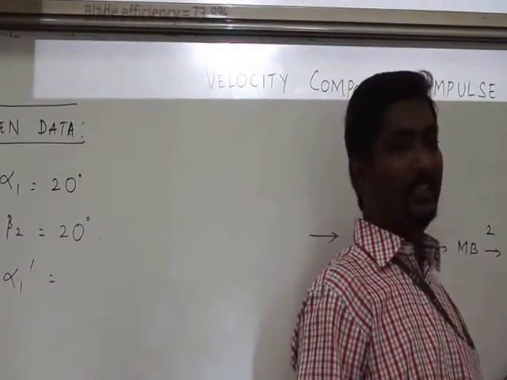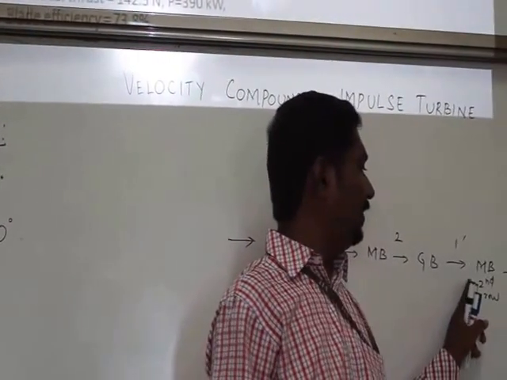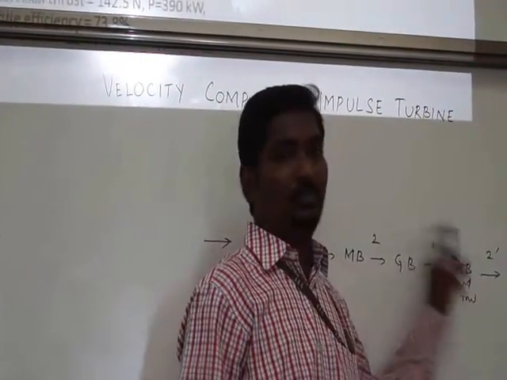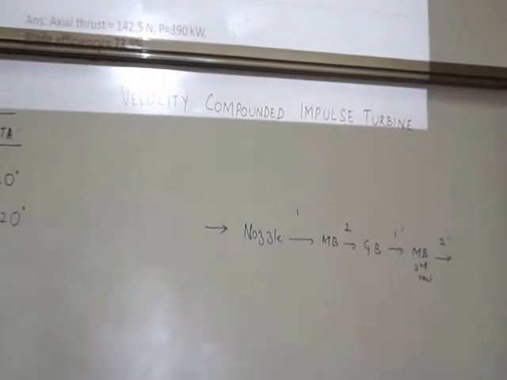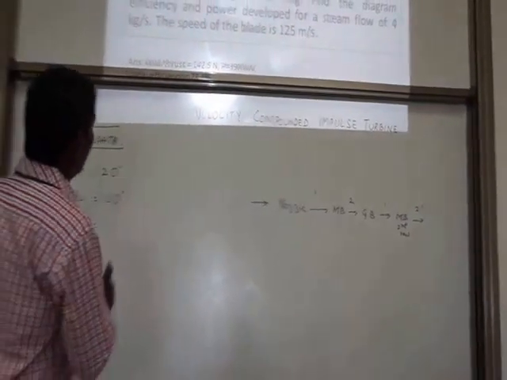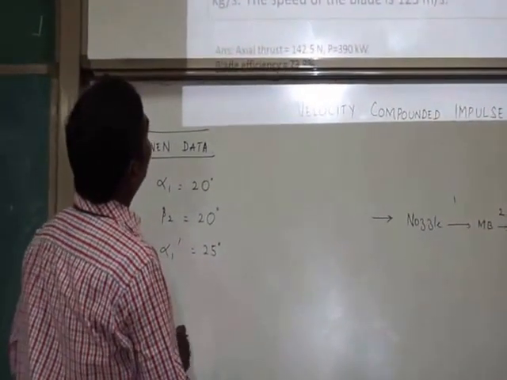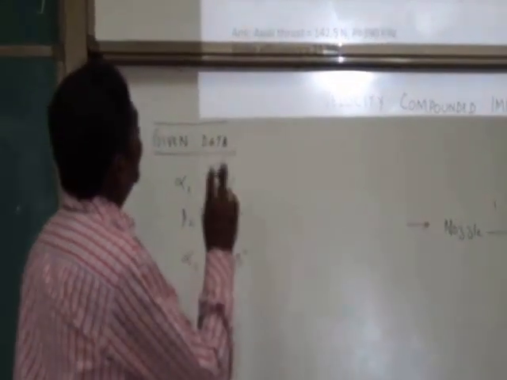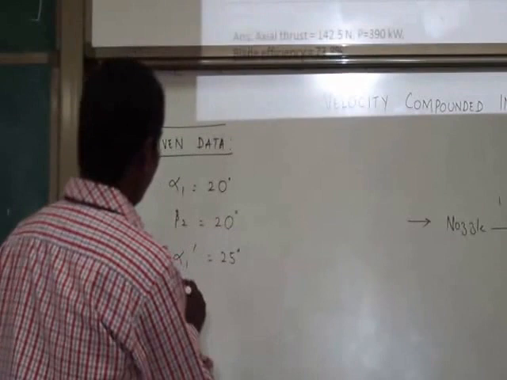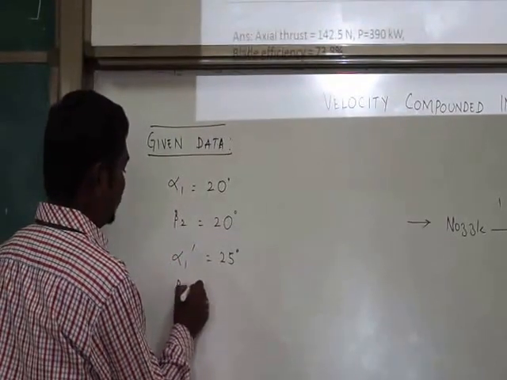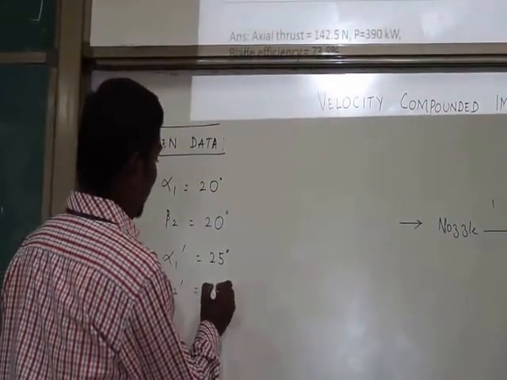Alpha 1 dash is the angle of the guide blade when the fluid enters into the second row of the moving blade. The fixed guide blade angle is 25 degrees. This is given in the problem. And in the second row of the moving blade at the outlet, this is beta 2 dash, which is 30 degrees.